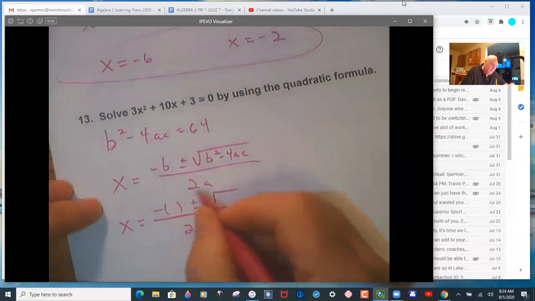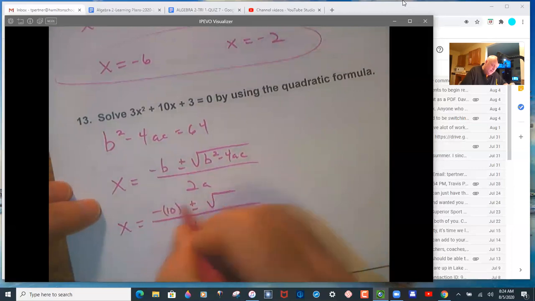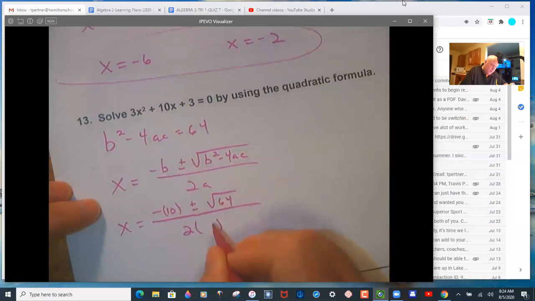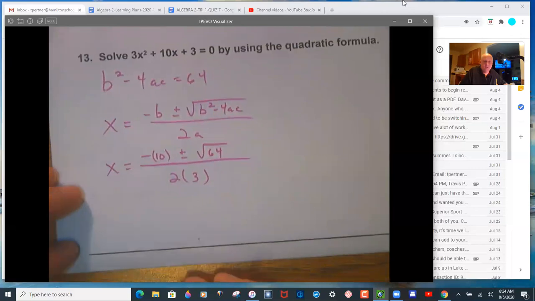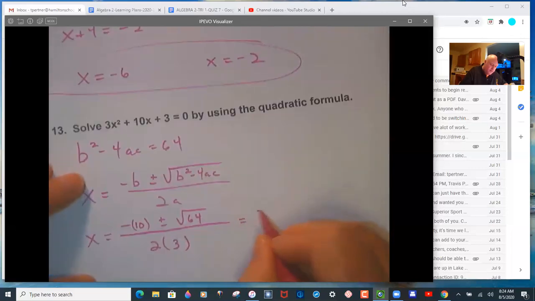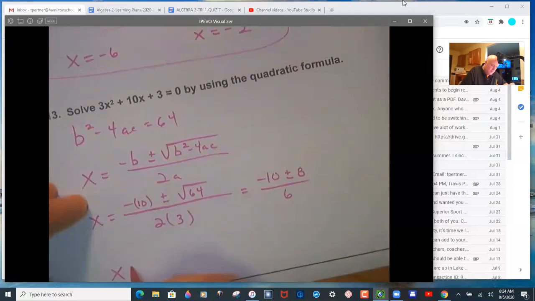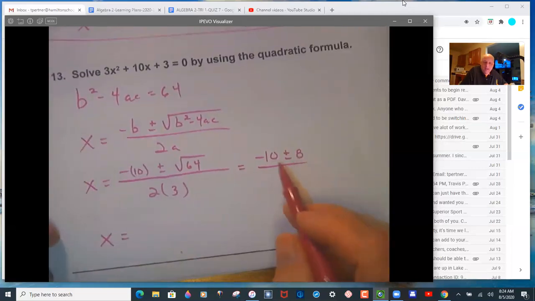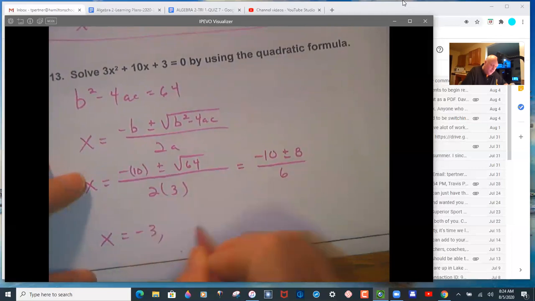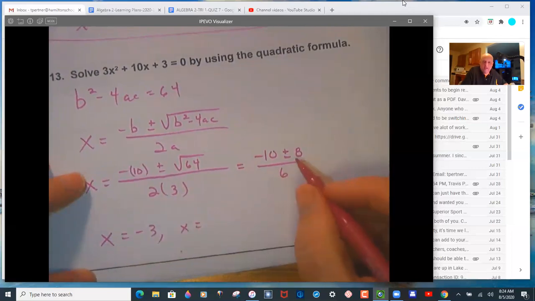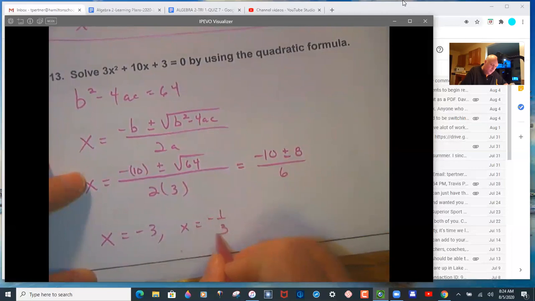So we have b is 10, and then we figured out 64 over 2a. So now we have to crunch this out. Plus and minus 8 over 6. So negative 10 minus 8, negative 18 over 6, negative 3, negative 10 plus 8, negative 2 over 6, negative 1/3.